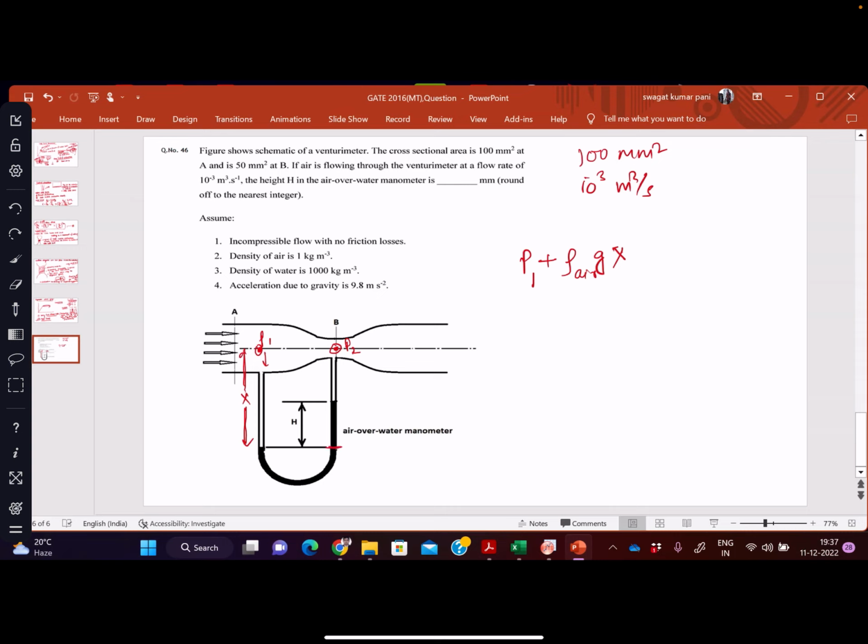From this side, it is equal to P2 plus rho of air g times this distance, x minus h, plus this term.